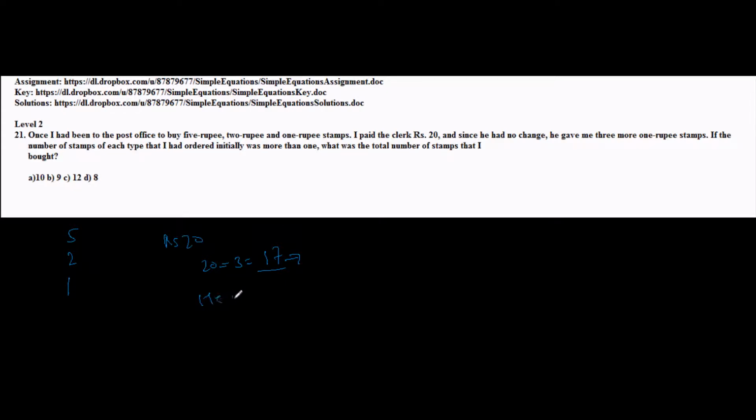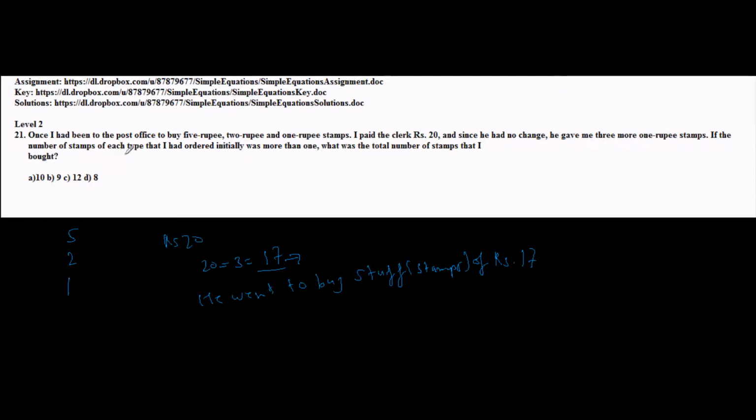So he went to buy stuff, or in this case stamps, of rupees 17, because when you give somebody rupees 20 and he returns something valued at 3 rupees, that means you are buying stuff worth rupees 17. So he went to buy stamps of rupees 17.